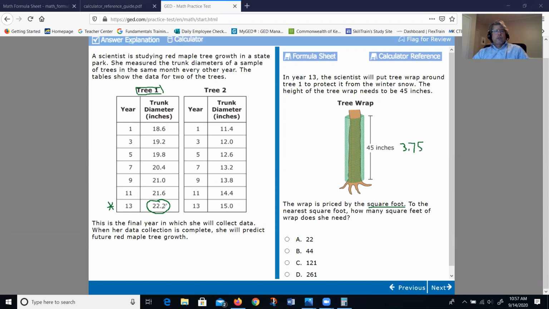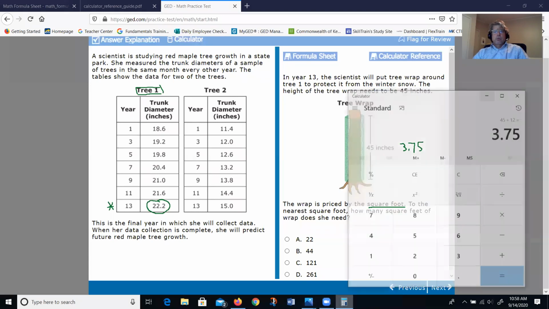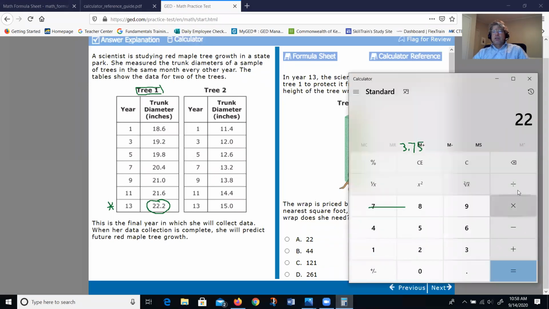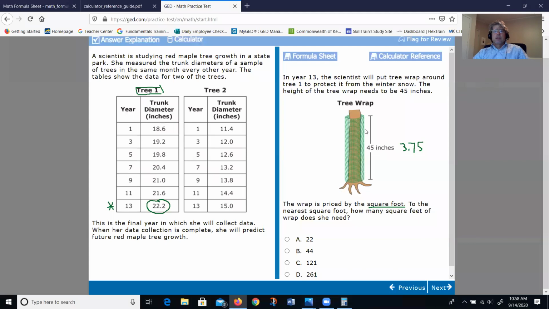This 22.2 inches is a diameter, but it's got to be in feet. So I have to divide that by 12 as well. So the 22.2 has to be divided by 12. That's going to give me 1.83 feet. So notice we had to round that a little bit.